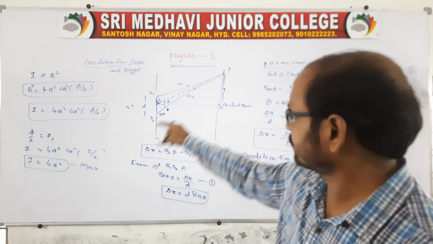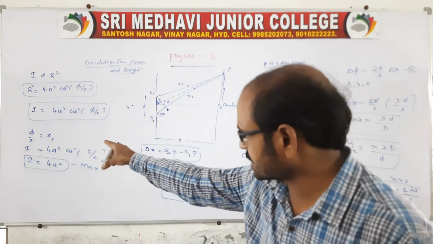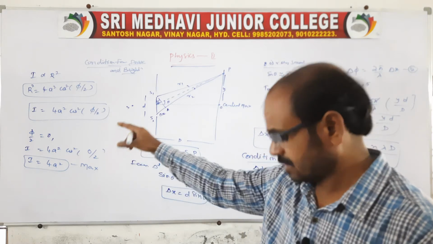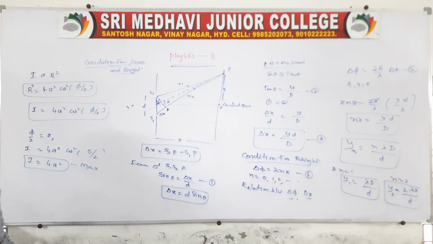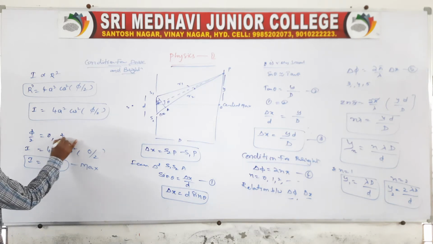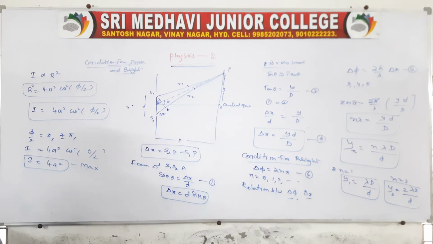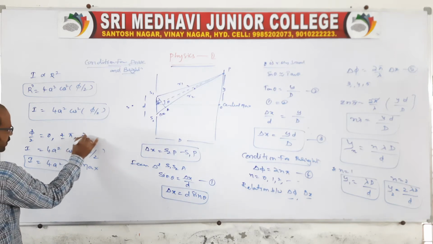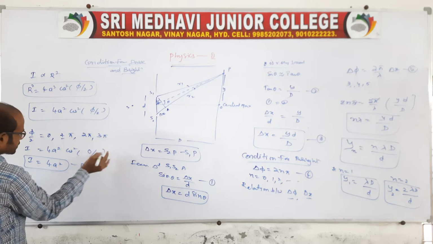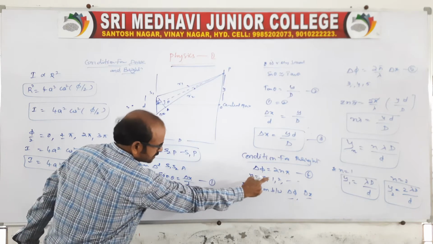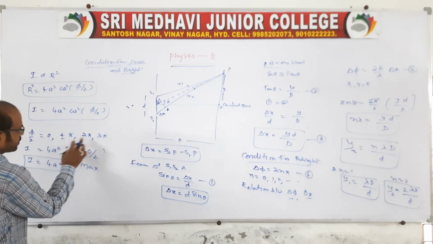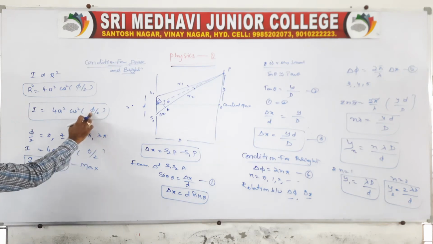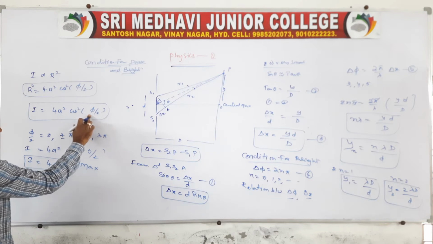So the intensity forms at a maximum. First one, if you take the 0 value, it is the maximum condition. And you go for the next value. Suppose you take plus or minus pi, then plus or minus 2 pi, plus or minus 3 pi, because you are taking n value 0, 1, 2, 3 like that. So pi by 2 is 90.